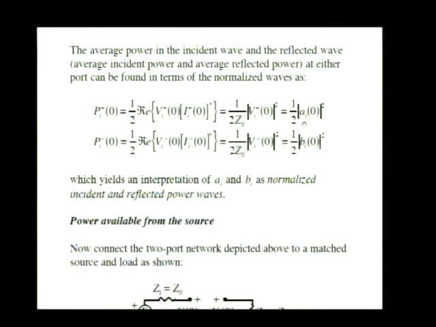Precisely, the relationship is that if you take the magnitude of the wave squared, multiply by the factor of 1/2 to take into account average power, then the average power incident on port 1 or 2 is given by that quantity. The reflected power off of the port is given by this quantity in terms of the reflected wave.